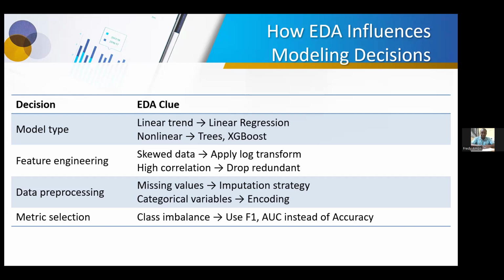If you're having class imbalance within your data set, you need to be using F1 score instead of accuracy. If you have class imbalance and you use accuracy, your accuracy will not be correct.